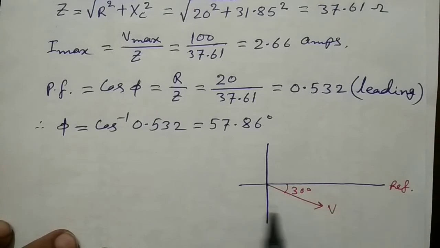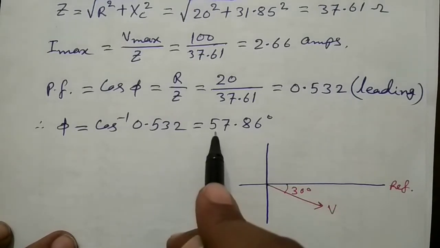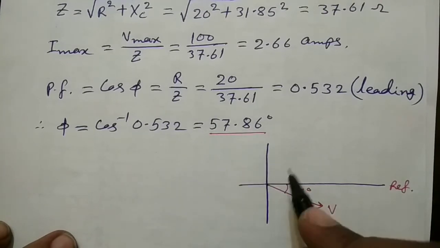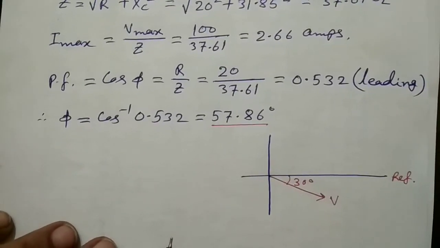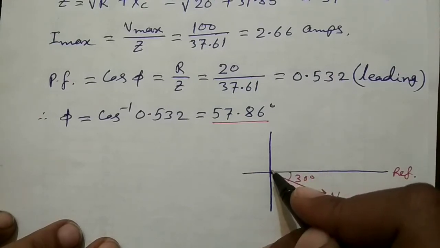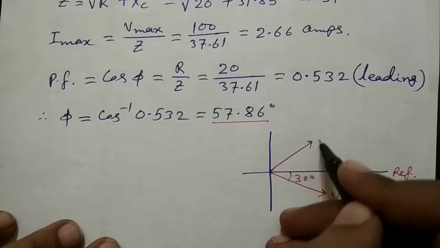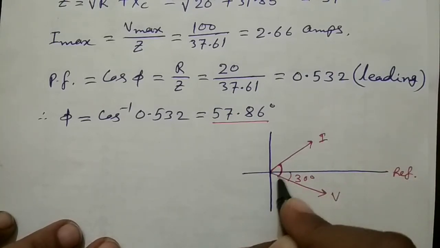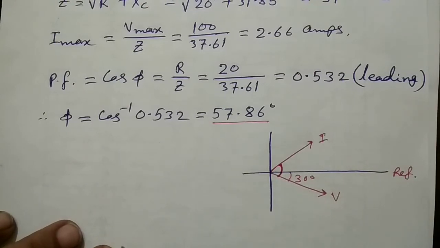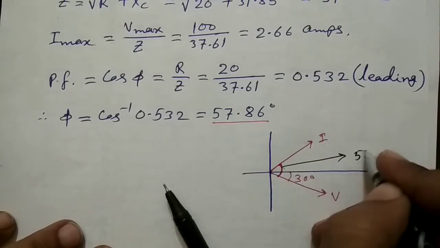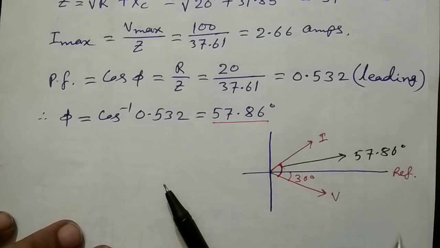And the current should be such that the angle between voltage and current should be 57.86 degree. So as it is a resistive capacitive circuit, therefore current should lead the voltage. So current will be somewhere in the first quadrant. This is the angle between the voltage and current.